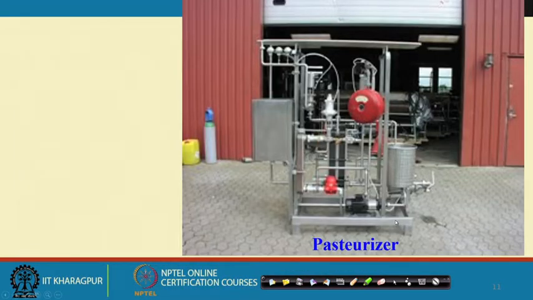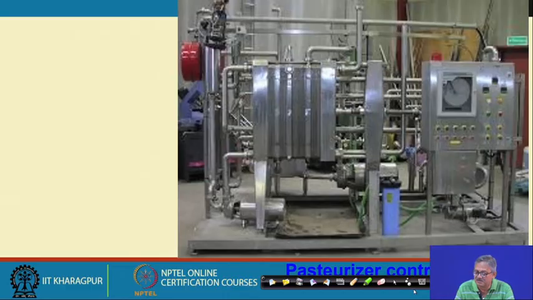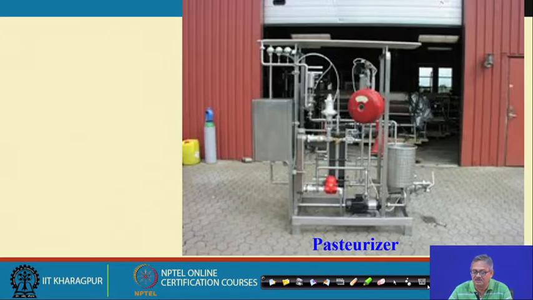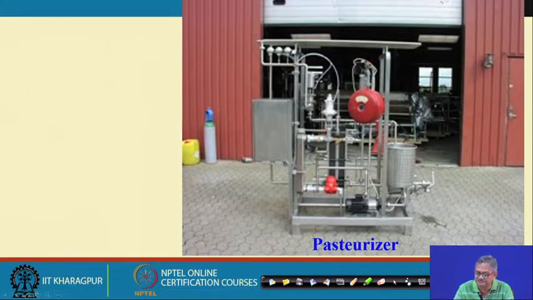Now, let us look into how the ice cream industry is using this. This is of course a small typical one, for laboratory use. So, this is a pasteurizer, right, and then it goes to homogenizer.